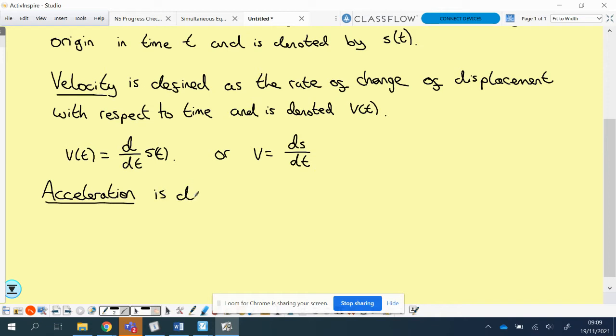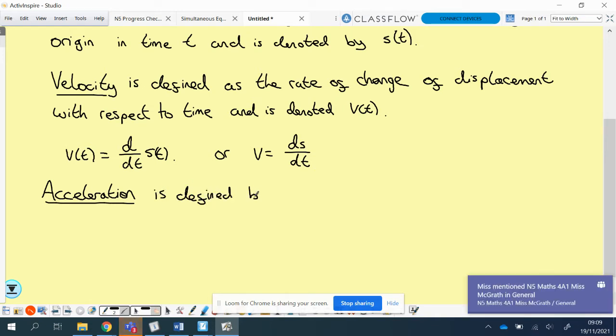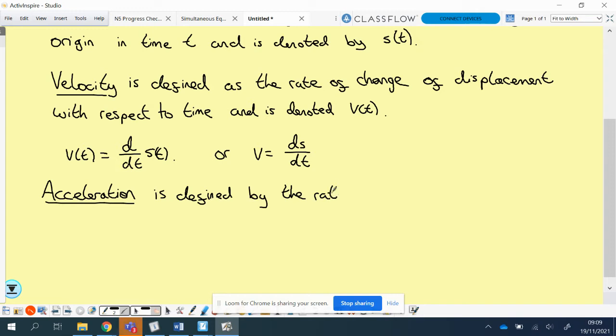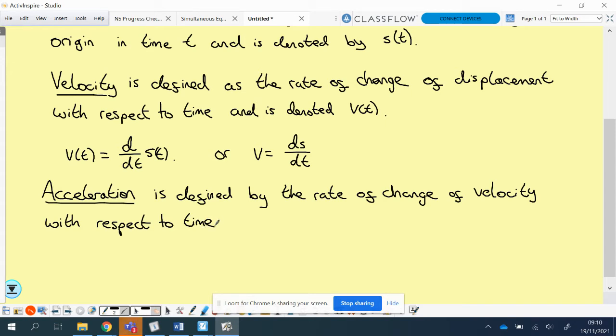And that is defined by the rate of change of velocity with respect to time and is denoted by a of t.